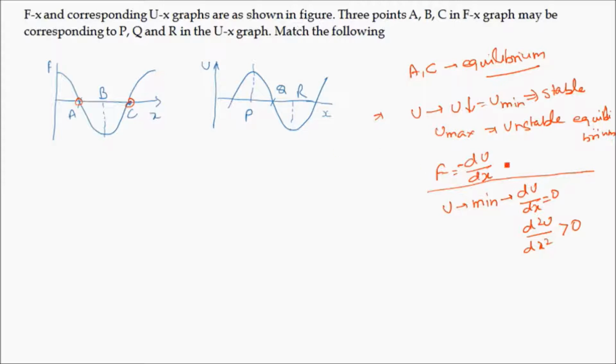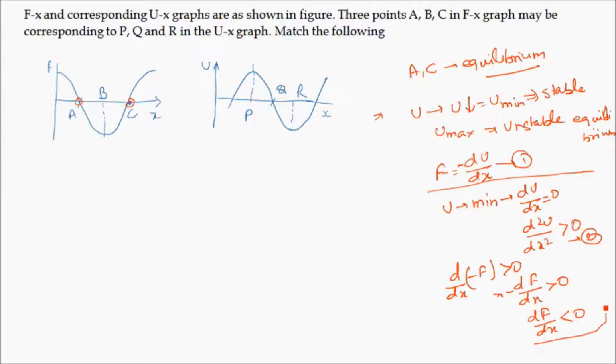Using equations 1 and 2, dU/dx = -F, so -dF/dx must be greater than 0, and dF/dx must be less than 0. So if dF/dx is less than 0, then this point will be a stable equilibrium.